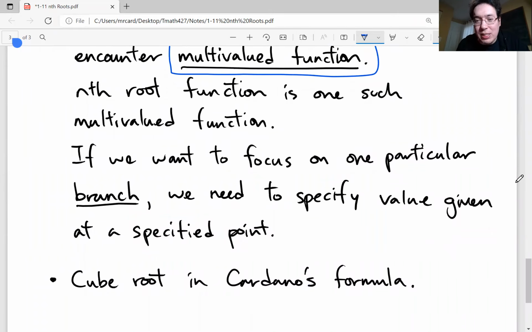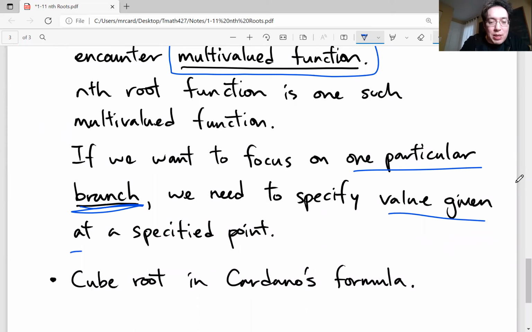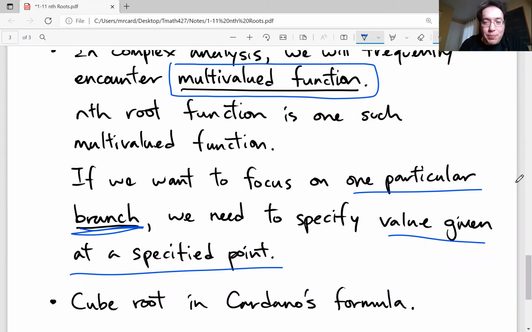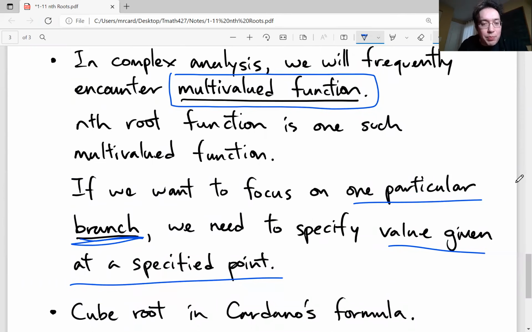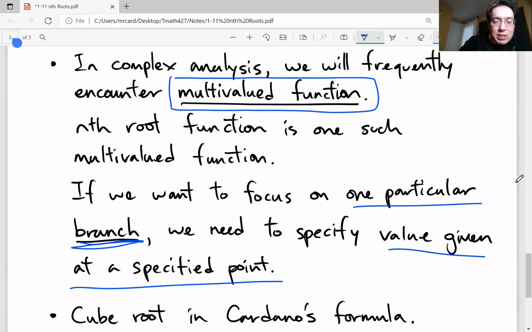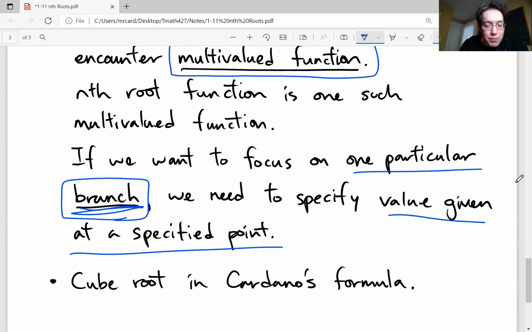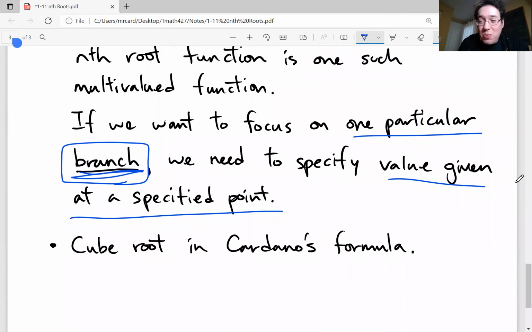So if you want to focus on one particular branch, we need to specify the value given at a specific point. I just used the word branch, but that's what we use if you want to pick out one particular function out of this multi-valued function. And we've actually already encountered this.